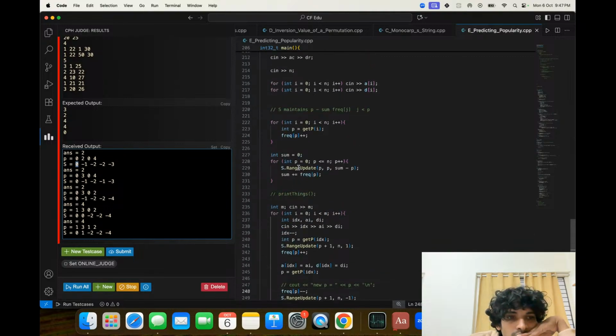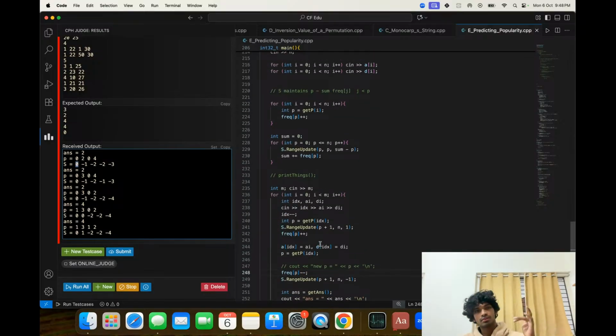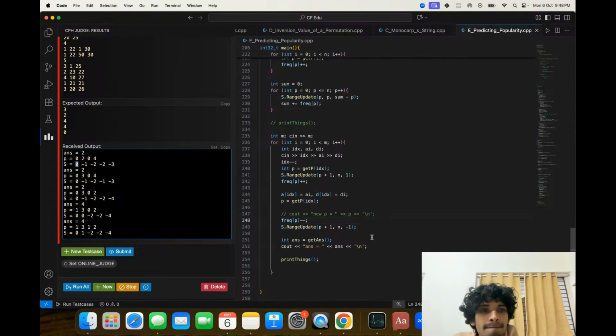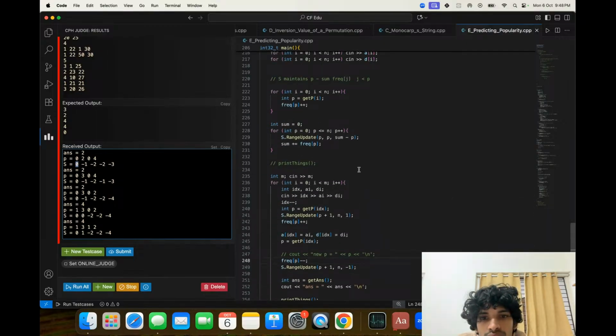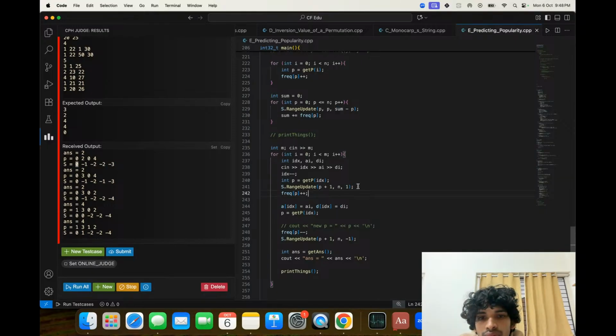And then we have frequency of 0 to be. This frequency was added to all of these things.